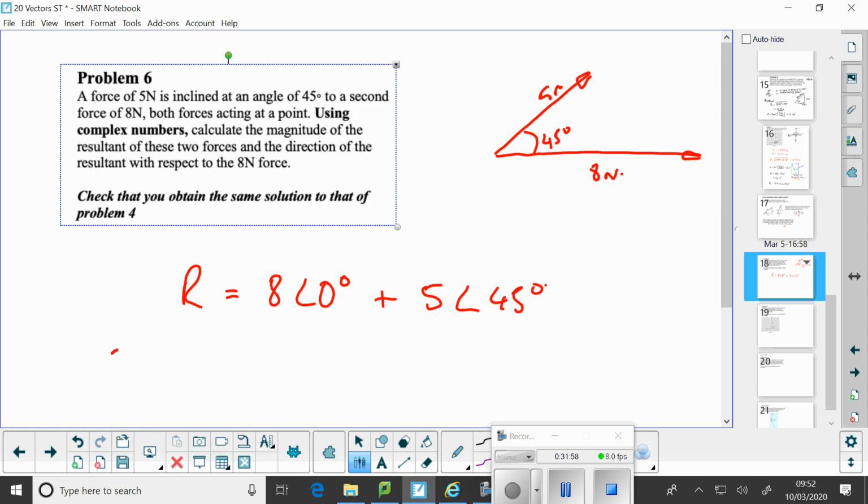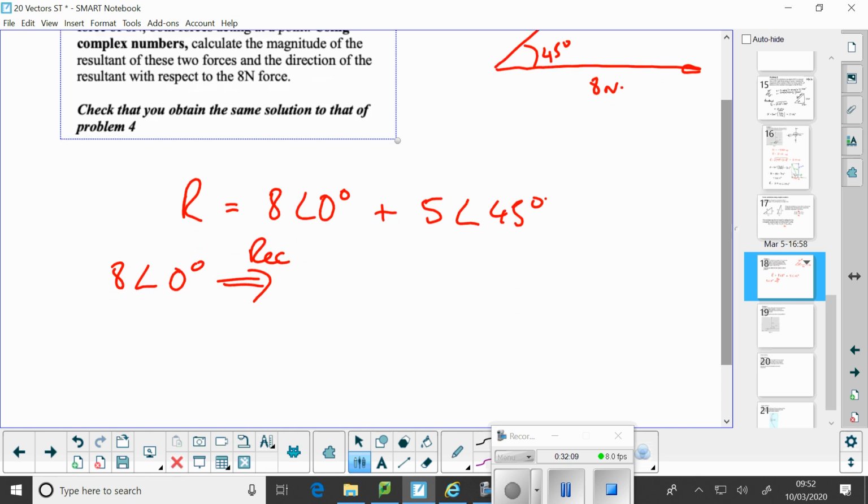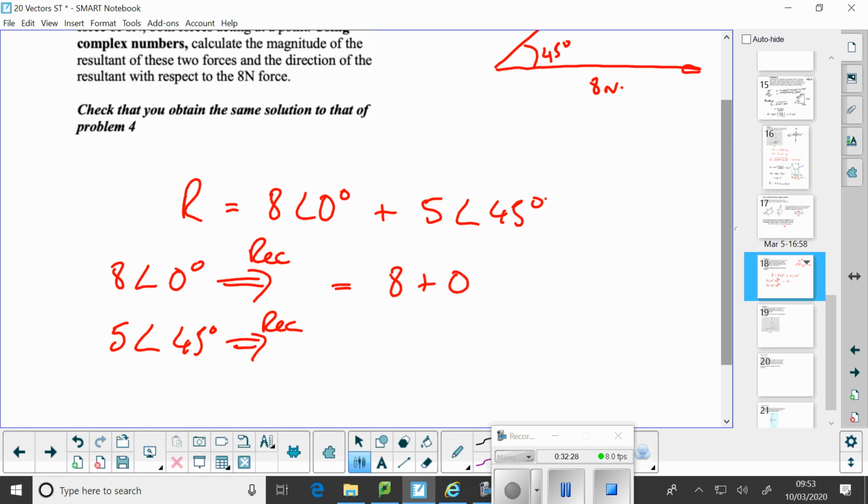So we convert 8 angle 0 degrees to rectangular, and 5 angle 45 degrees to rectangular. The 8 angle 0 is 8 plus 0j.